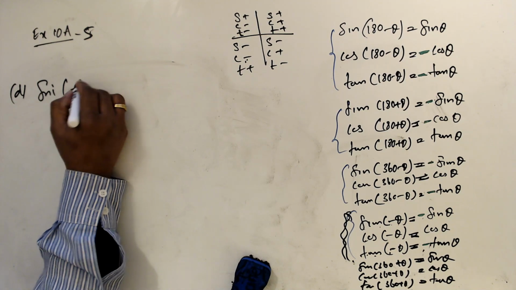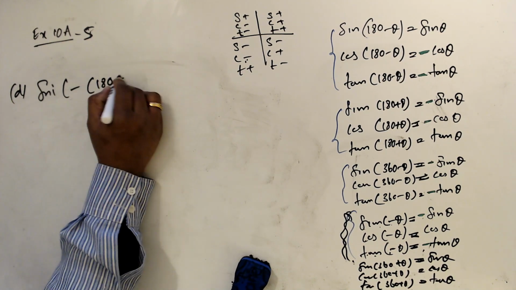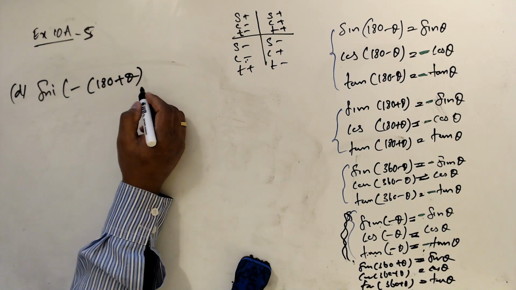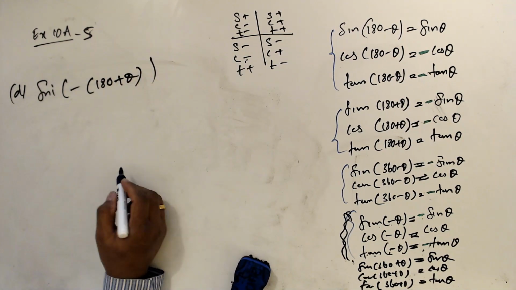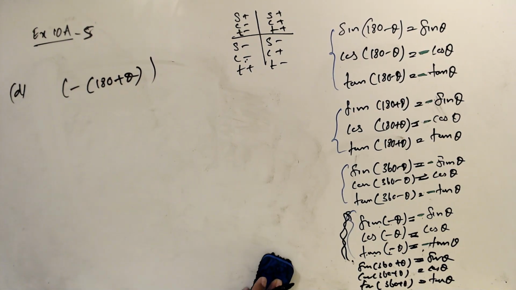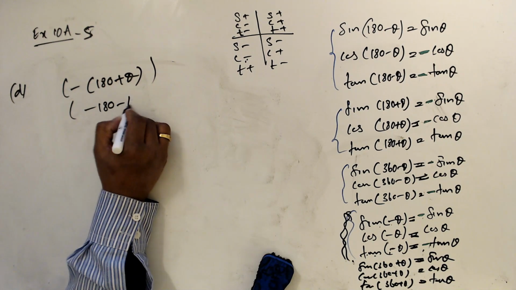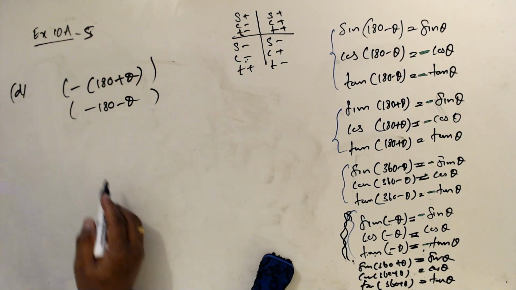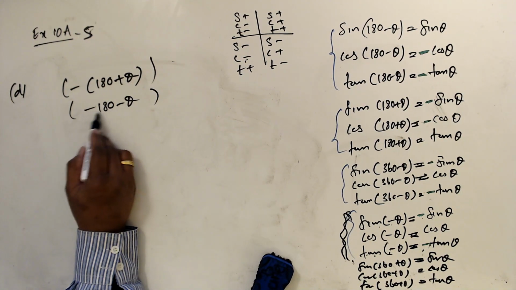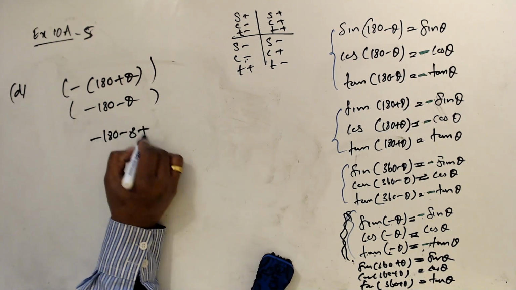D: sine of minus 180 minus theta. This one is tricky. Let's forget about sine first and expand minus 180 minus theta. I can see that this value is negative, so I will add 360.